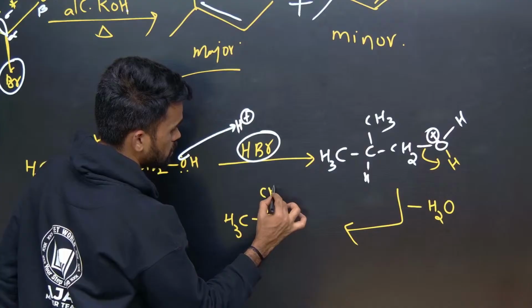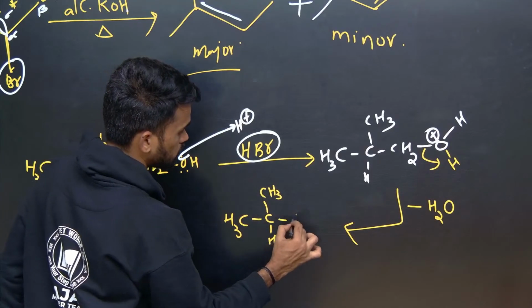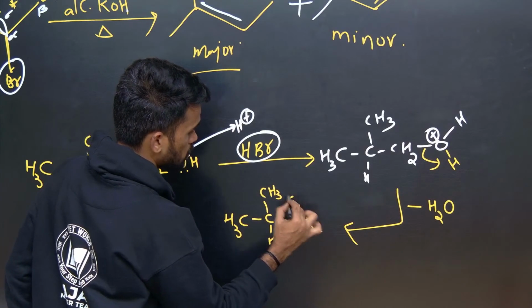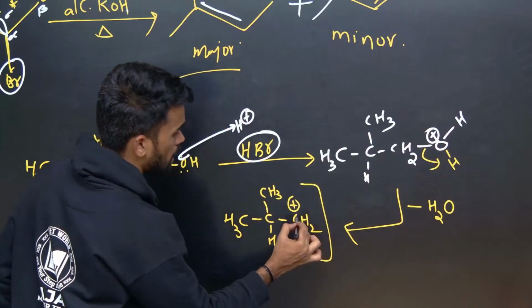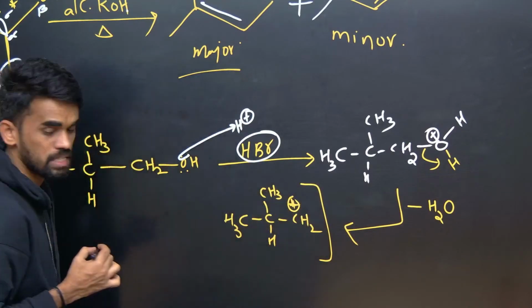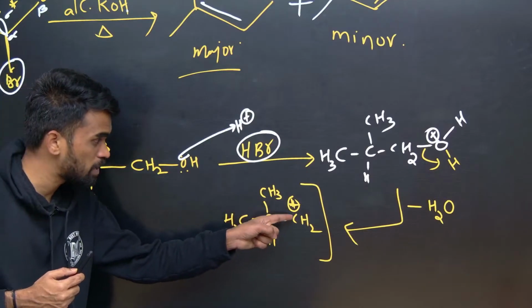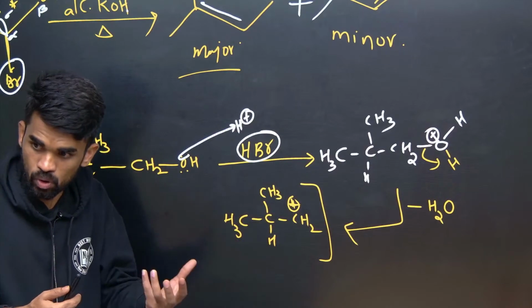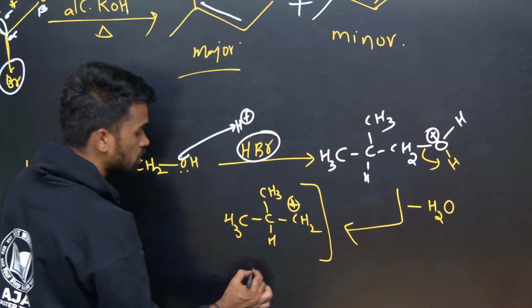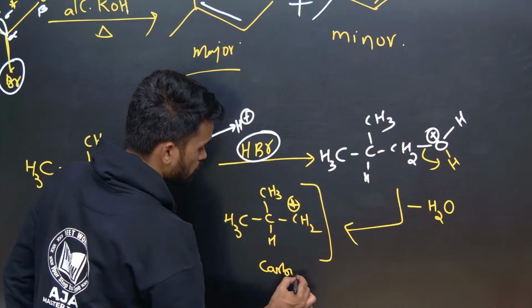C, CH3, H, positive charge. If we have positive charge on carbon, I told you, these are reactive intermediates, electrophile, carbon with positive charge. This is a carbocation.